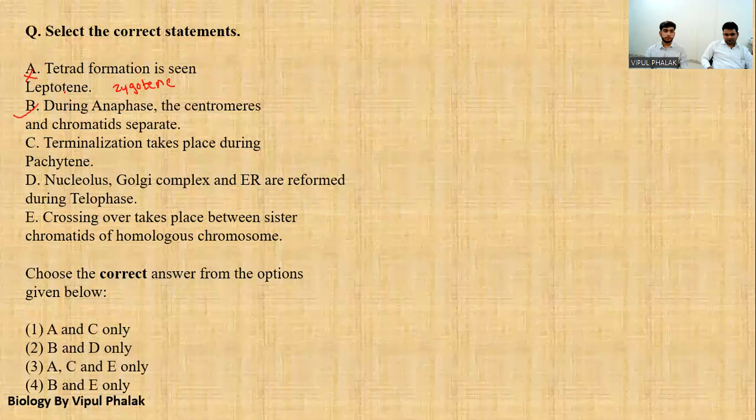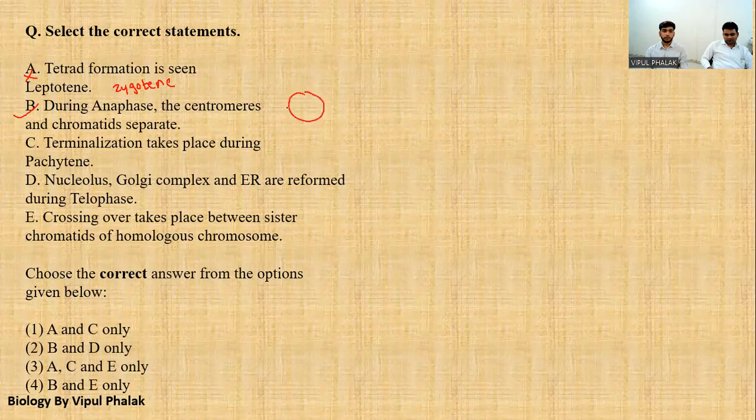This is true, as the chromatid moves towards opposite pole. Therefore, centromere and chromatids are separate. C: Terminalization takes place during pachytene. This is incorrect. Terminalization takes place during diakinesis, which is the last substage of prophase 1.